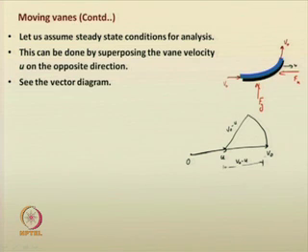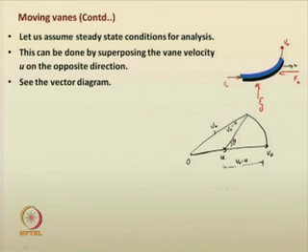Now, the absolute velocity at this particular exit point would be this much. It can be given as V 2. As per this diagram, this is the theta angle.